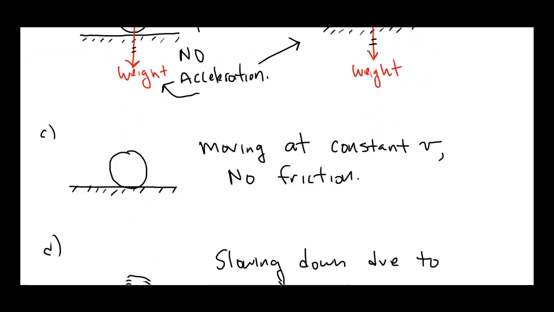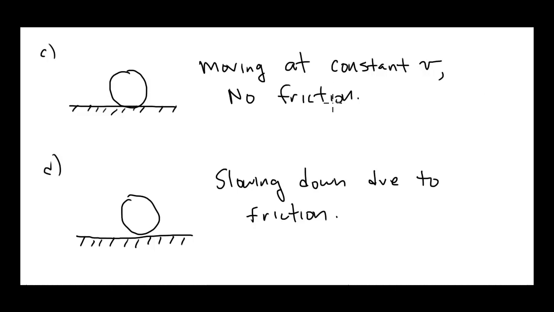I've got a couple more here to review from class today. Now what I've done is I've drawn the object. I haven't indicated the forces present, but I've given the scenario, and I want to see if we can come up with what forces I should draw in this case. Part C here says we've got this rock on the ground, and it's moving at constant velocity, and there's no friction. So what forces are acting? Let's start with the easy ones.